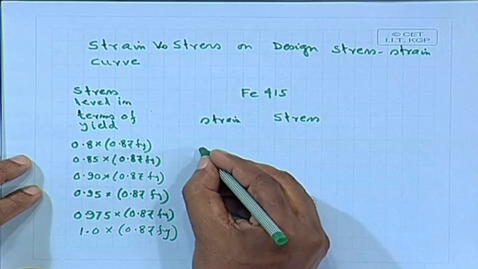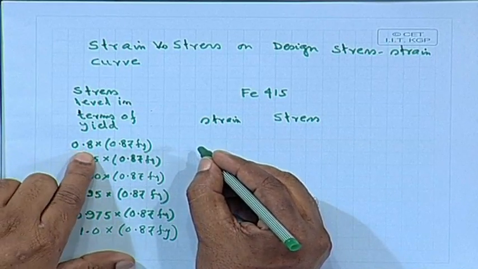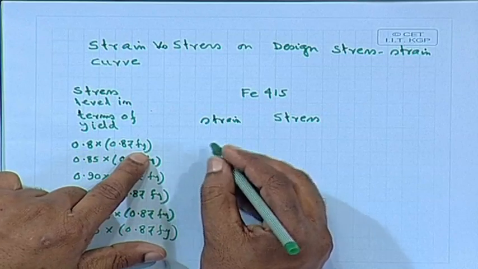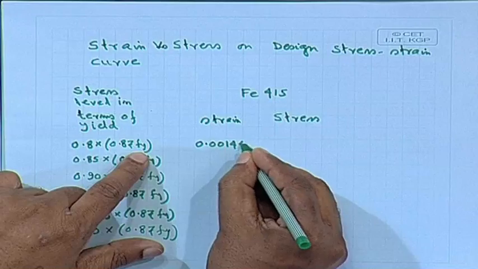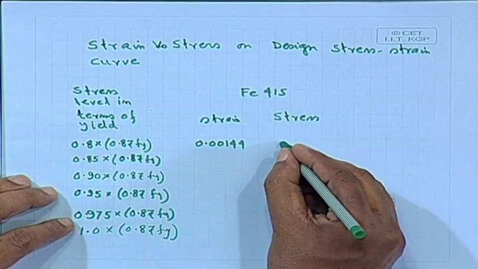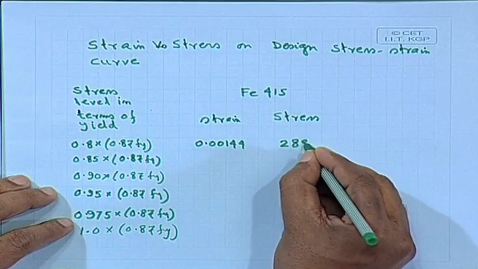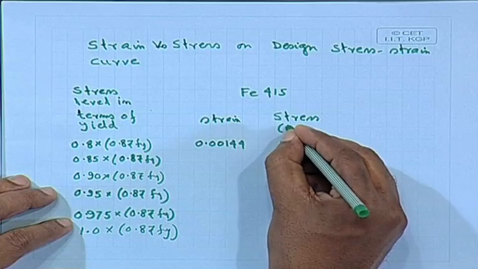At the stress level 0.8 into 0.87 FY, we get strain 0.00144 and corresponding stress 288. Let us give the unit.